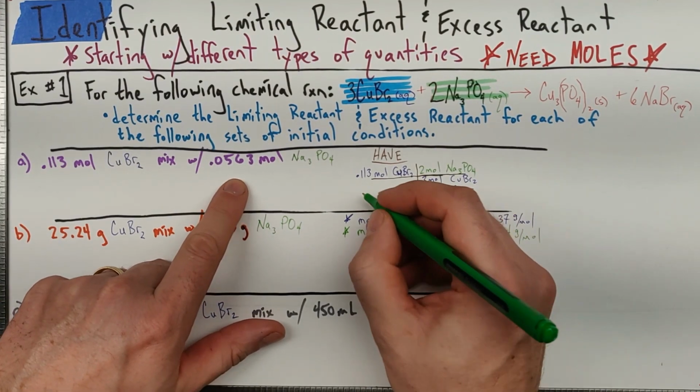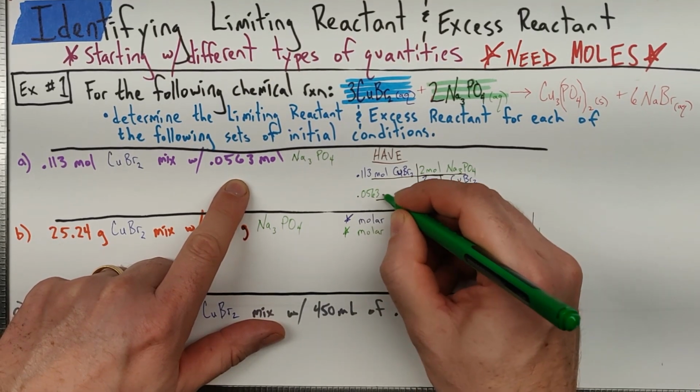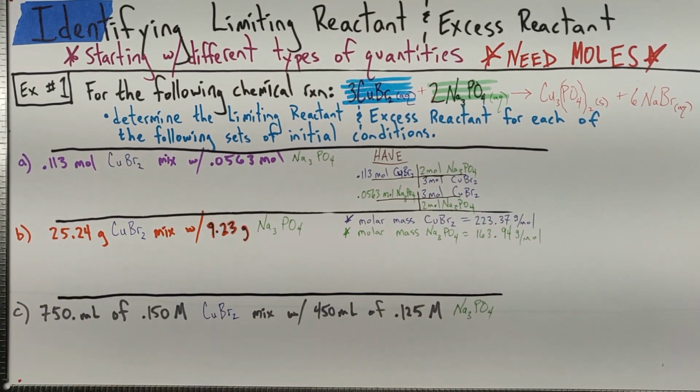And our starting amount for the sodium phosphate was 0.0563 moles. All right, we got it to fit.